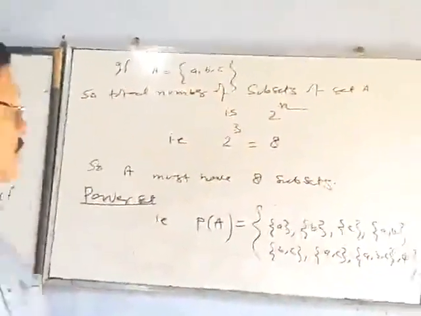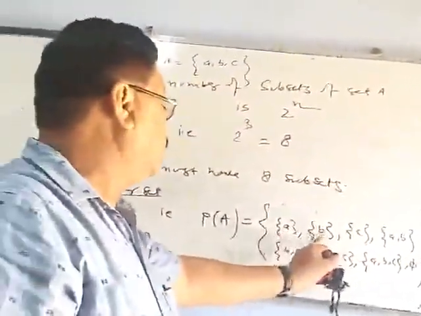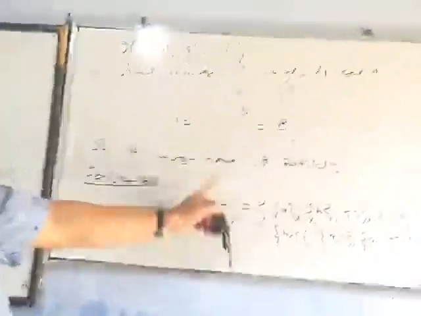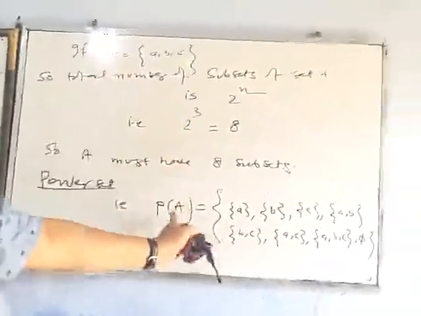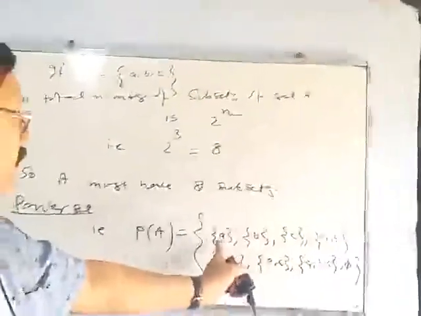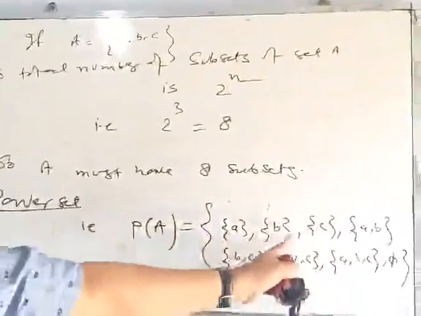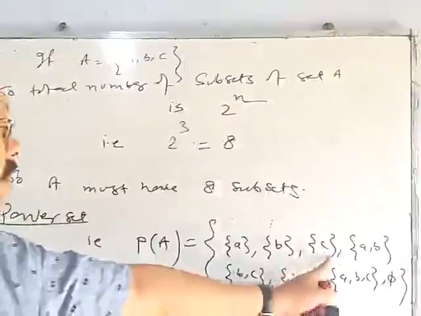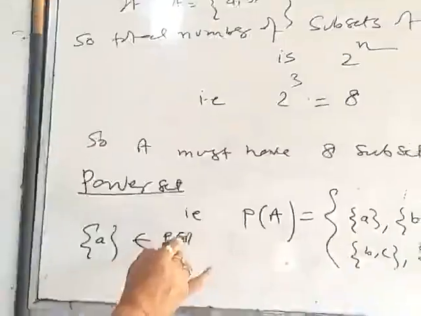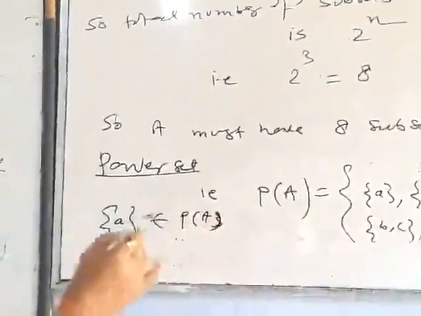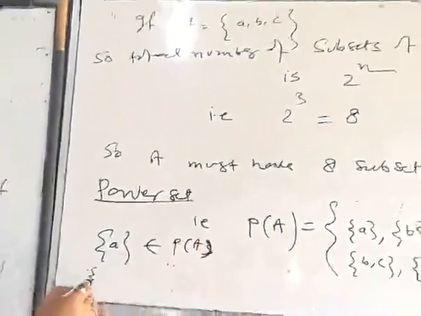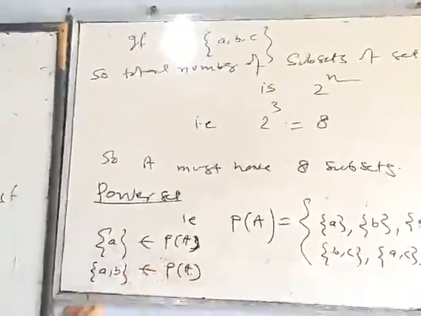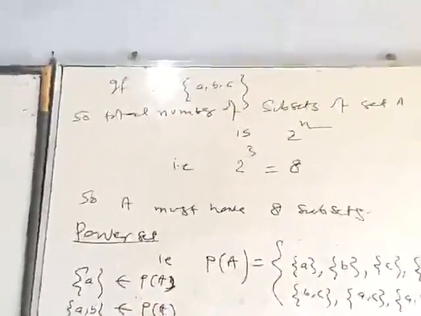So it has 8 subsets: 1, 2, 3, 4, 5, 6, 7, 8. So this is the power set of set A, because it contains all the subsets of A as its elements. These are subsets of A, and these are the elements of the power set of A. ab belongs to the power set of A.